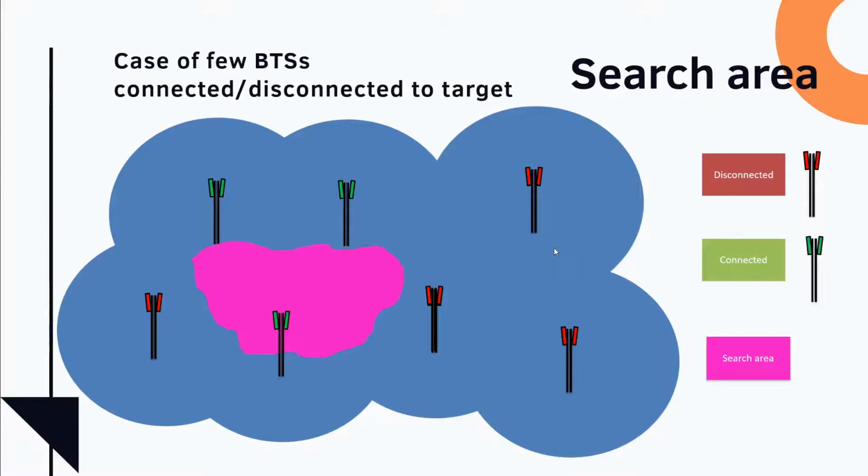Now, the scenarios can be even more complicated. You might have a number of sites, not just one or two or three. Here you see we have 3 towers connected, with this overlap pink area as the search area. Now you see here we have 1, 2, 3, 4 disconnected.